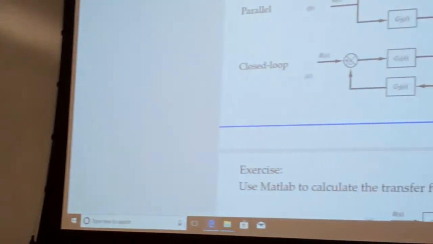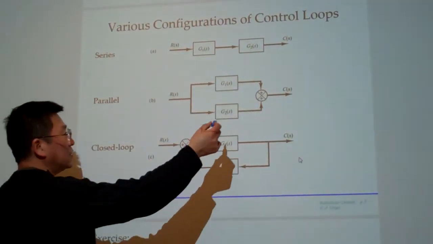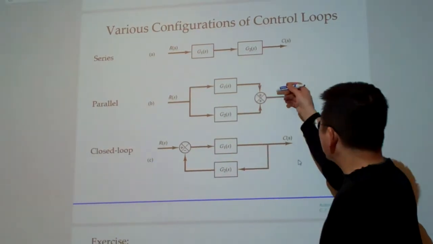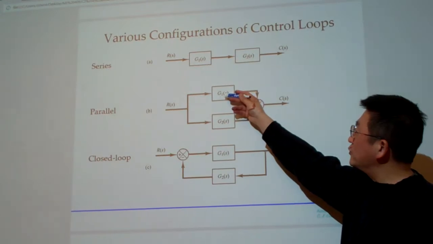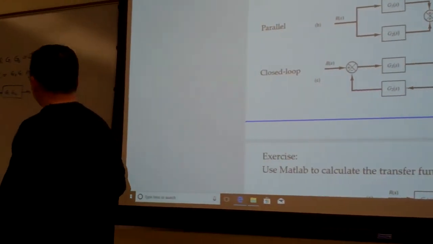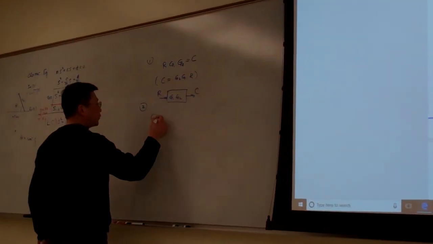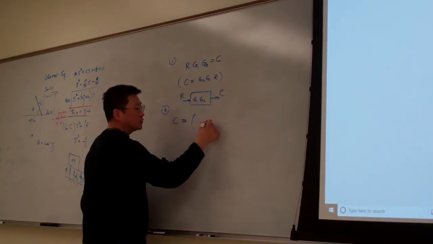if you look at this graph, C is equal to the summation of the two signals, and individually that will be equal to G1 times R or G2 times R. So from here, you can see we have a summing point at the output equal to the signal summation.